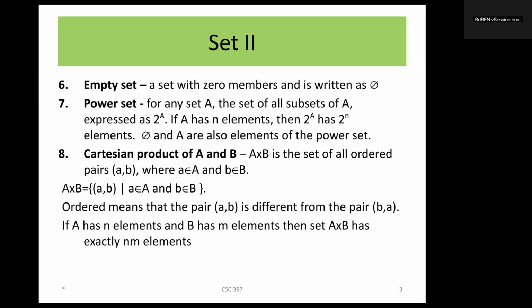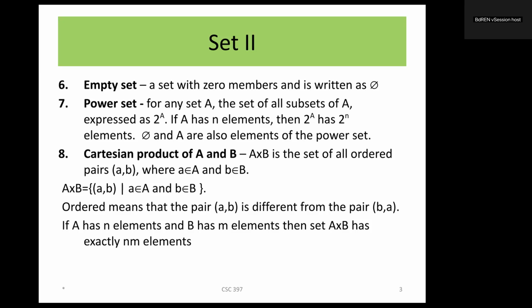Phi and A are also elements of the power set. So the power set is basically a set of sets, a collection of every possible subset you can create from the original set, including the empty set and the set itself, right?